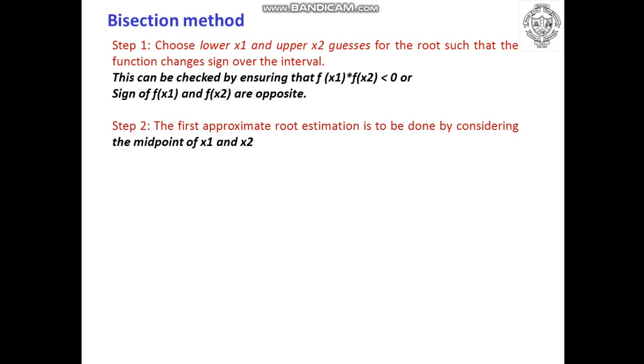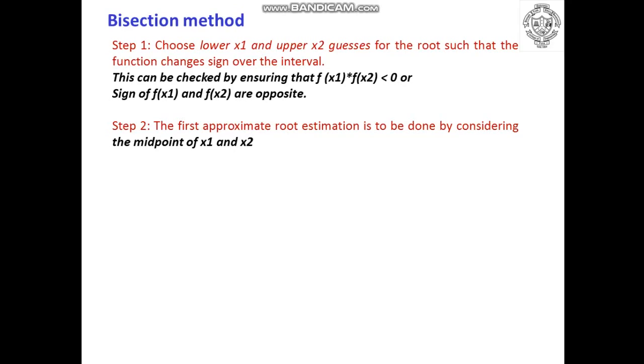The second step is to find the first approximate root estimate, which can be done by finding the midpoint of the initial guesses x1 and x2. Since it is the midpoint of x1 and x2, we can use the formula (x1 + x2) divided by 2.